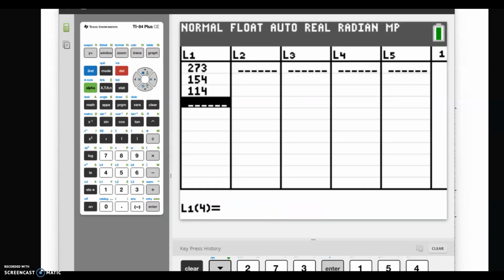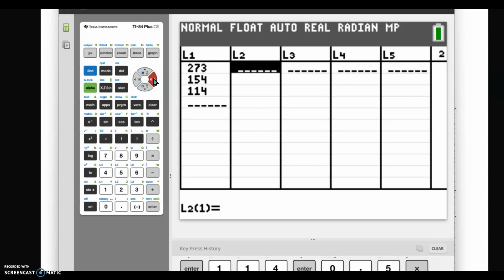So I went to Stat and Edit in order to put in these values into list 1. So we have 273 orange, 154 brown, and 114 yellow. And then in list 2, we're going to put our expected values, which is, again, half of 541.